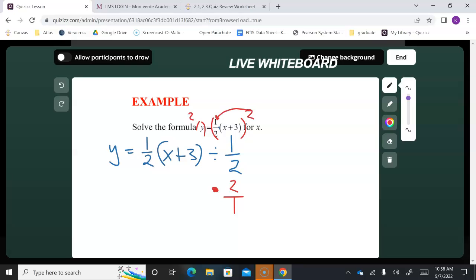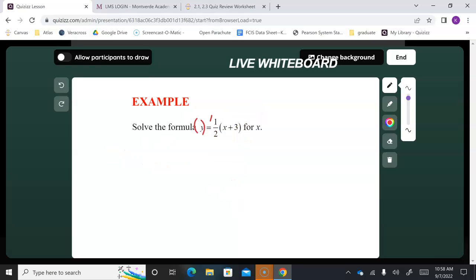What's 2 times 1/2? 1. That cancels. Okay? So I'm left with 2y equals x plus 3. Those canceled out. I undid that multiplication of 1/2 by multiplying by 2, multiplying by the reciprocal.